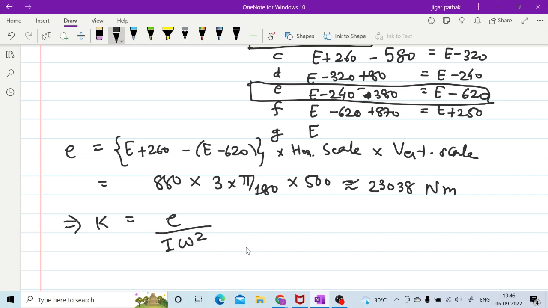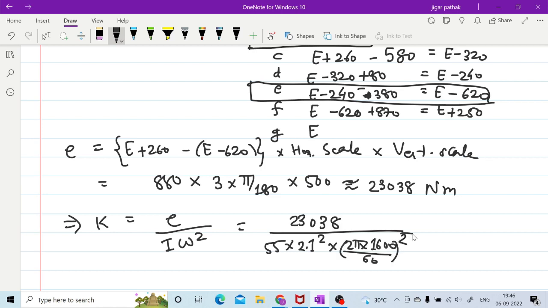Omega is 2 pi n by 60. Yes, 2 pi n by 60. So now this E is 23038 upon 0.55. I is this m into radius of gyration square, mk square, into omega is 2 pi n, that is 1600 by 60 square, right?